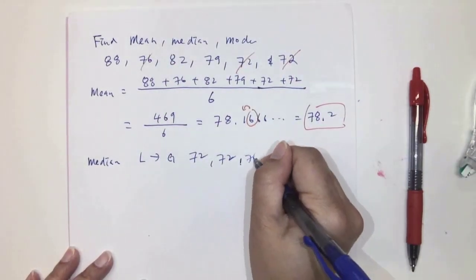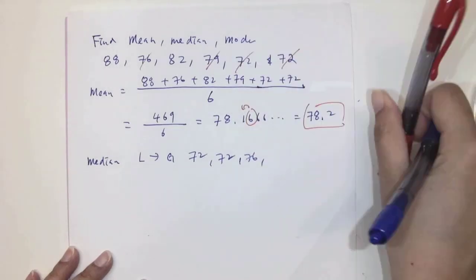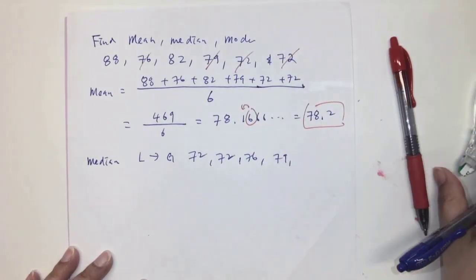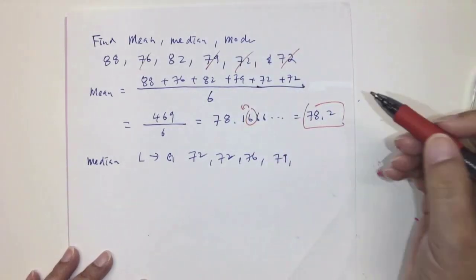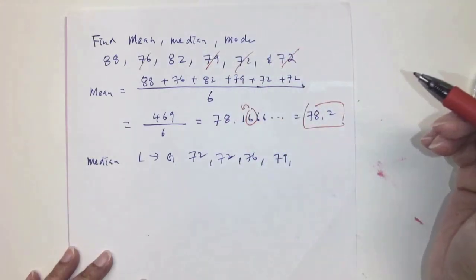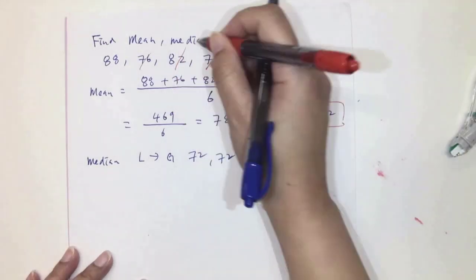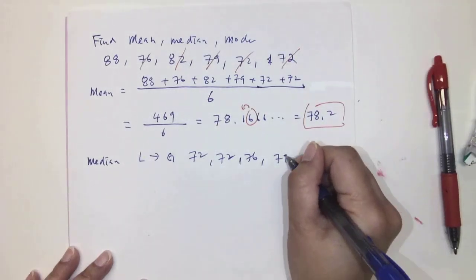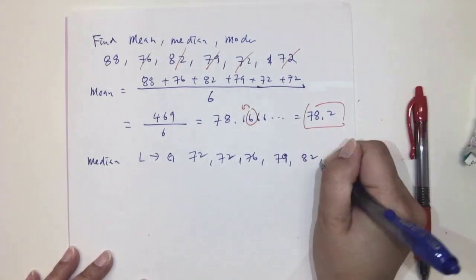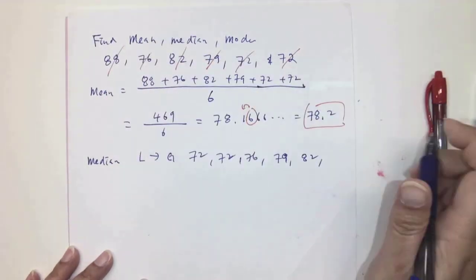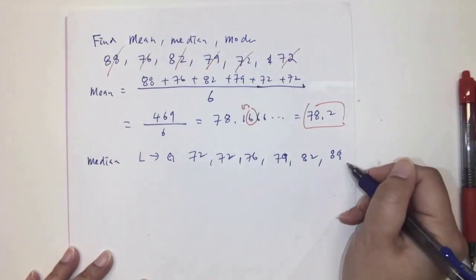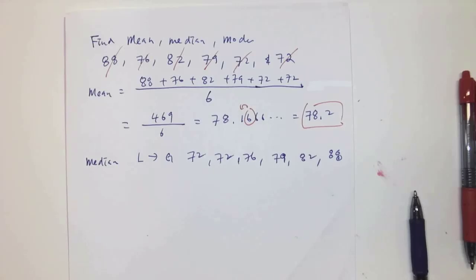What else? 79. The calculator. I'm using the calculator. 82, and then 88. All right, we got all of them, right? So, and then what do we do now?